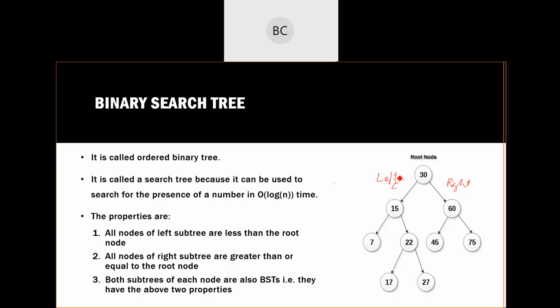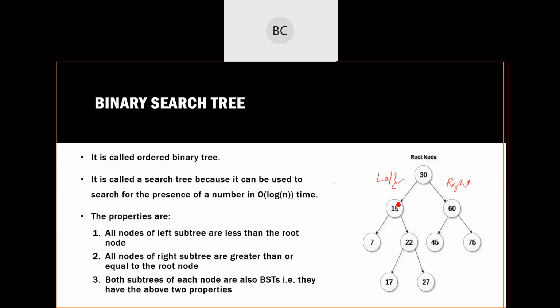So it has three properties. All the nodes of the left subtree are less than the root node, and all nodes of the right subtree are greater than or equal to the root node. And both subtrees of each node are also binary search trees. That means all these nodes will follow the same thing. Suppose in this case 30 is your root node.